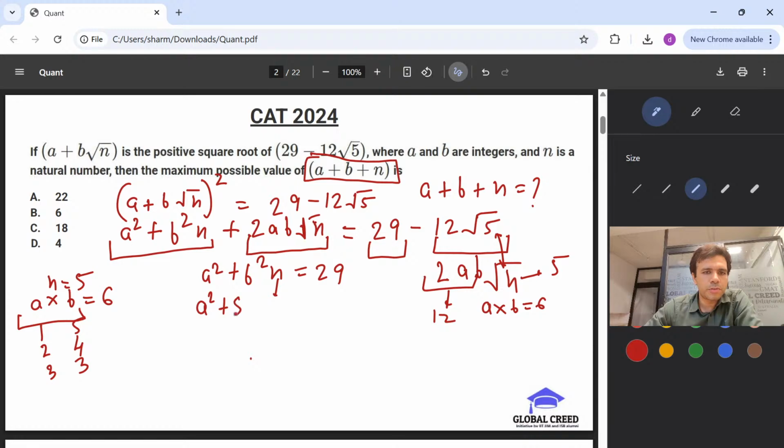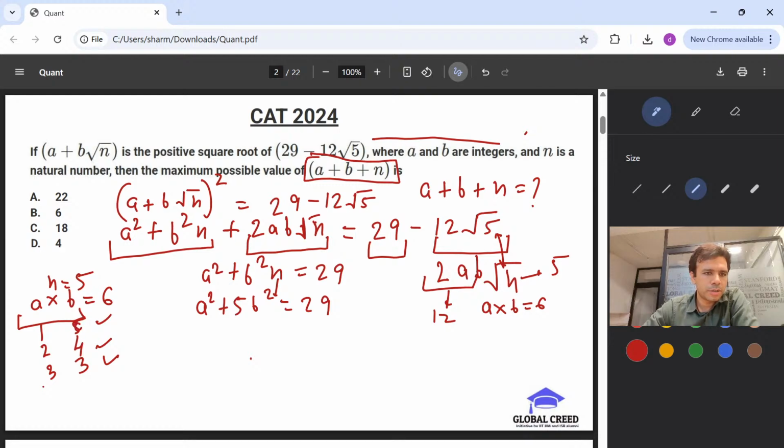So let's write it here: a square plus 5b square is equal to 29. Now these are the various possibilities which we have for a and b, and a and b are integers. Please note, there is a possibility they can even have negative values. Sorry, this has to be 6.